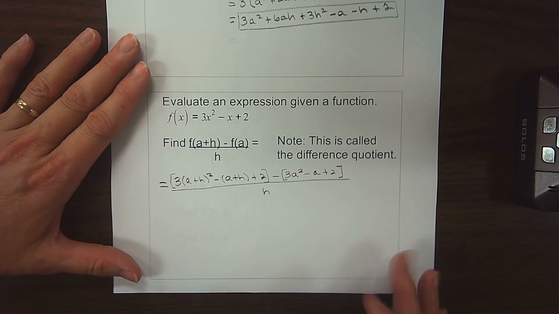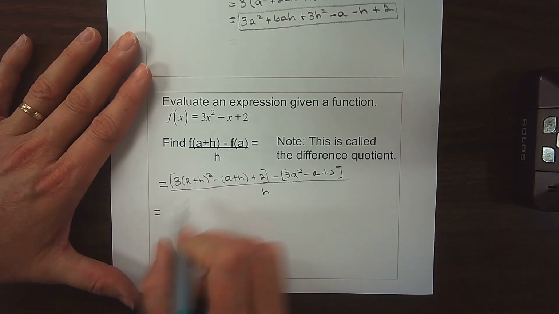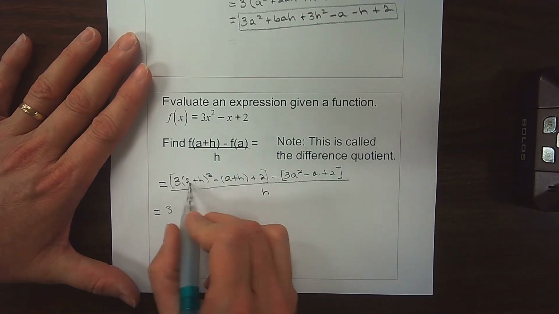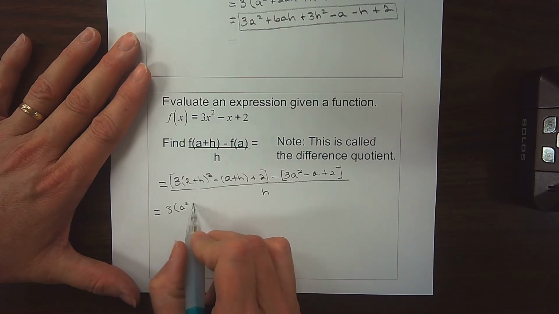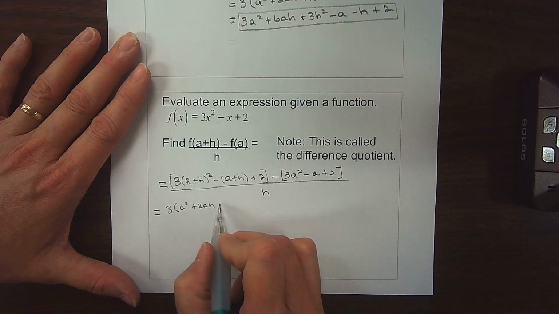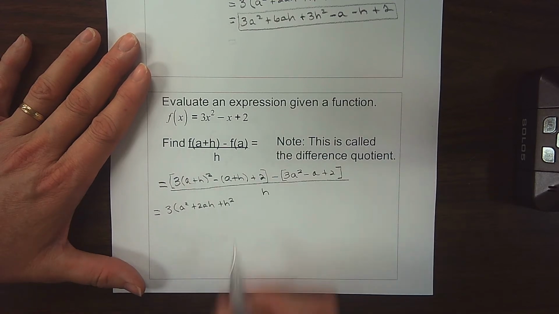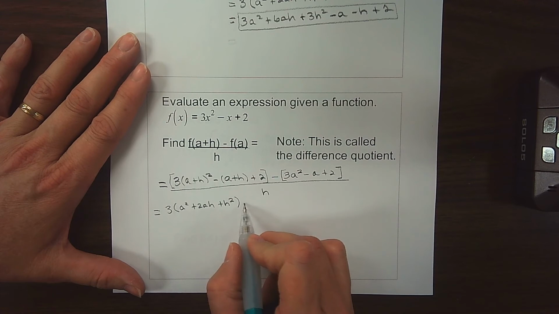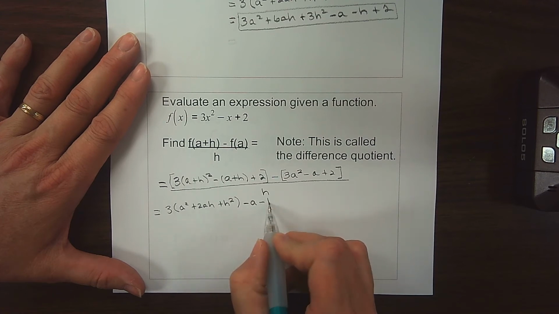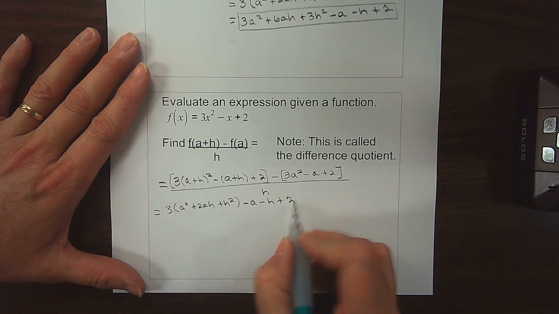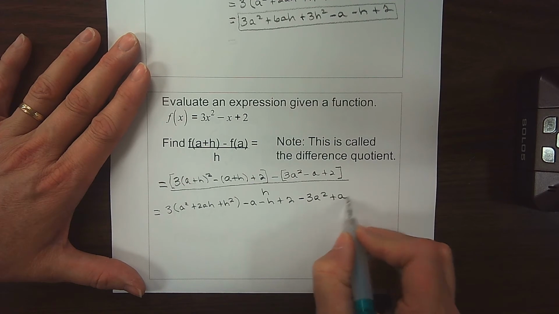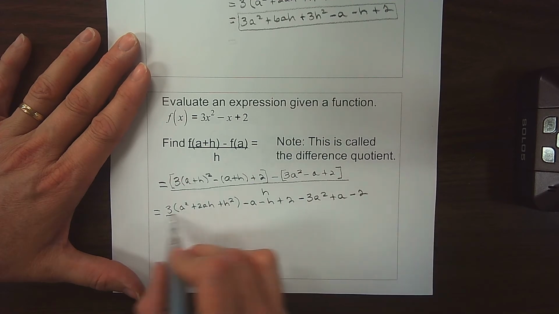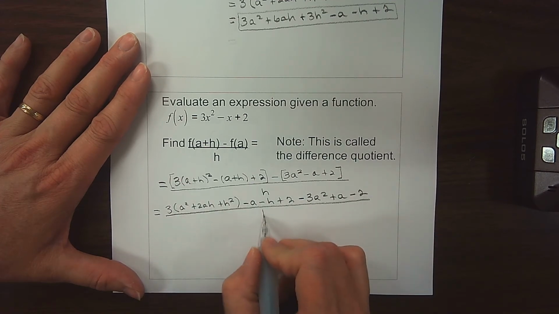So now what I have is a whole lot of cleanup to do. Again, I'm going to begin by taking this binomial and squaring it. So it becomes a squared plus 2ah plus h squared. I'm going to distribute the negative sign through, so minus a minus h plus 2. And then this entire quantity is being subtracted, so it becomes minus 3a squared plus a minus 2, and the whole thing is all over h.